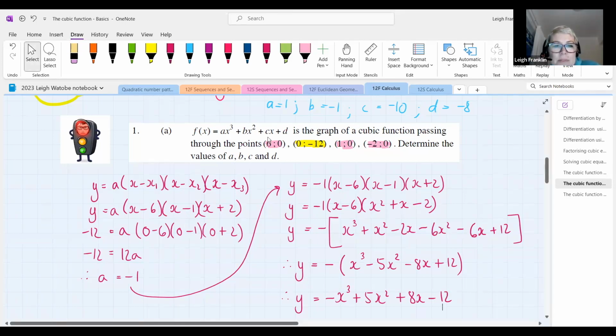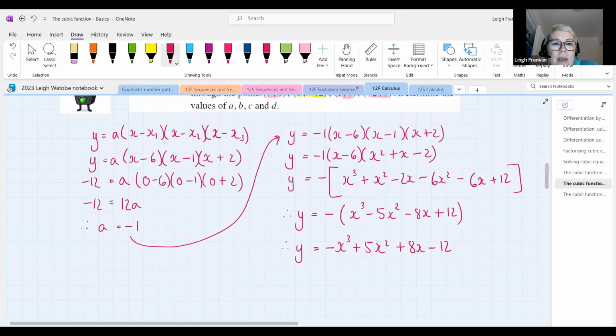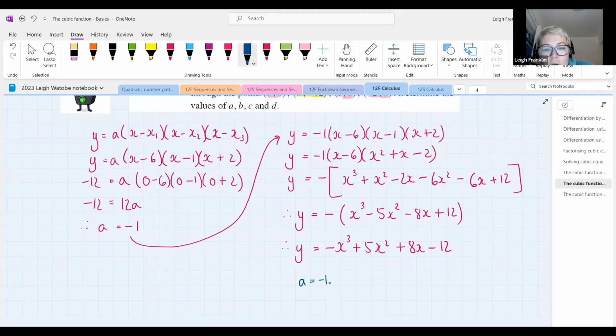That's absolutely perfect. Wonderful. Thank you, Lusanda. Well done, Lusanda. So Lusanda says a is negative 1, b is 5, c is 8, and d is negative 12. And she's certainly 100% correct with that.